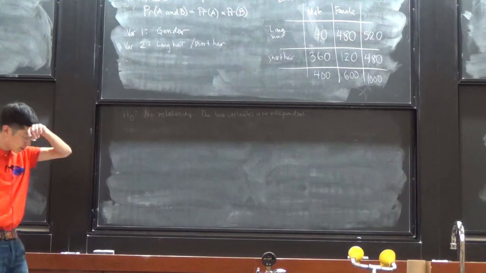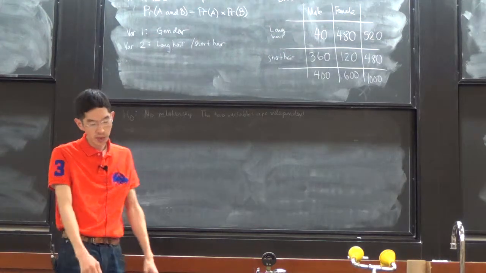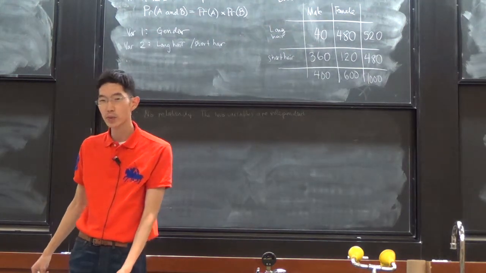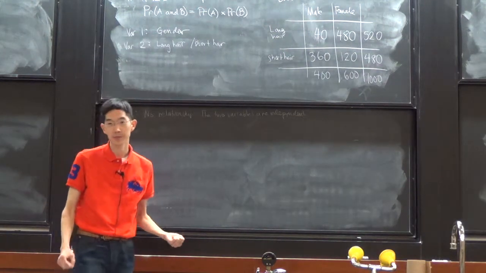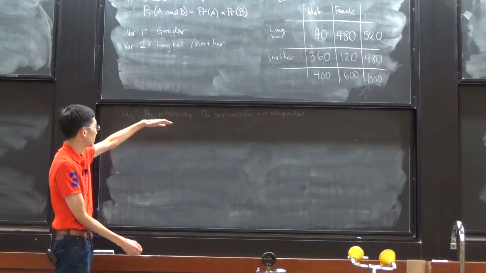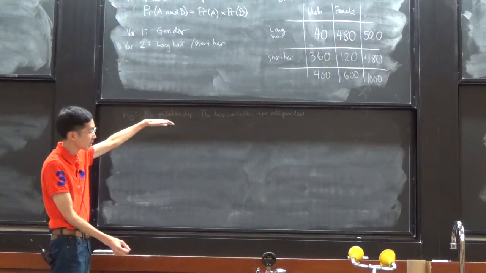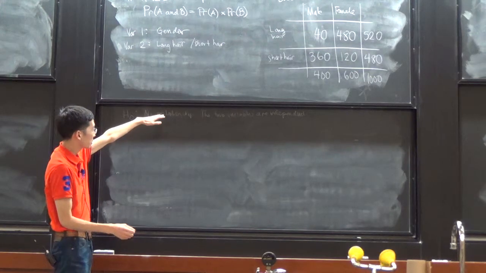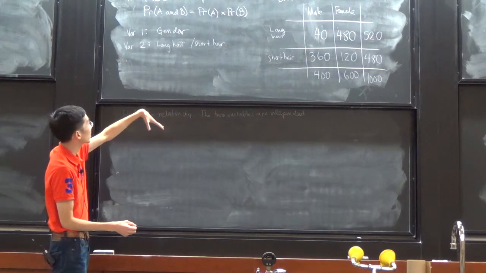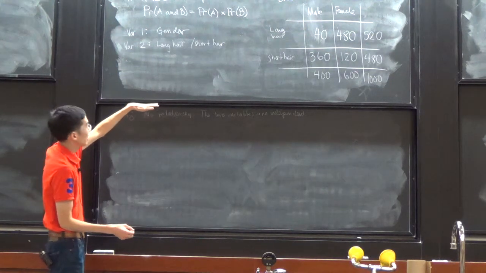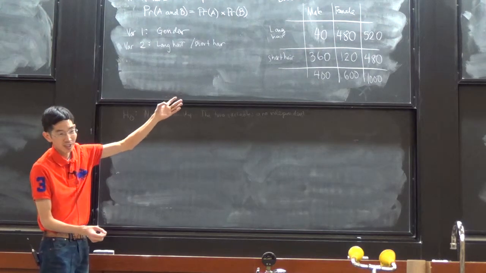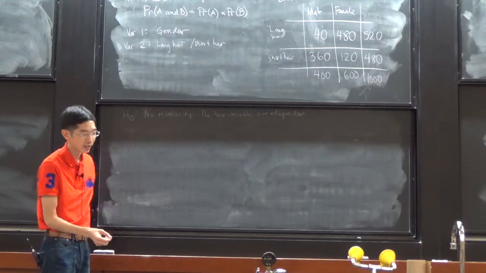And so, saying that the two variables are independent, we can write this symbolically in all sorts of ways. With words, we can just say that gender and length of hair are independent or are not related, things like that.